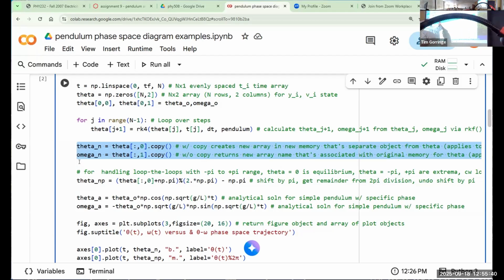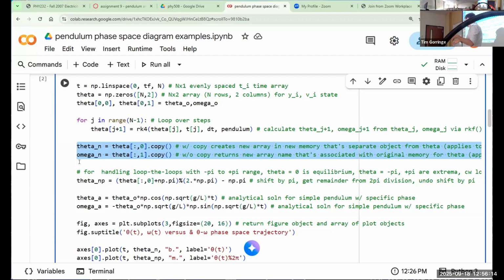Because the code would also run if I didn't put the copy in there. So what is the reason for the copy, or why might I put the copy and why might I not put the copy? If you put the copy there, it creates a new variable at a new location in memory of the computer and copies the data into that new memory location.